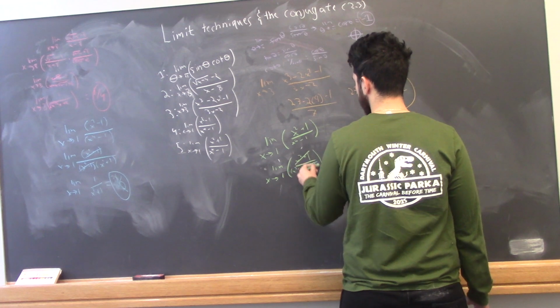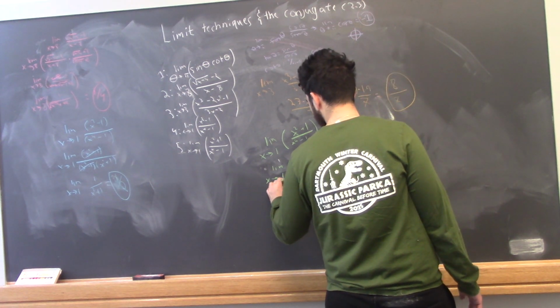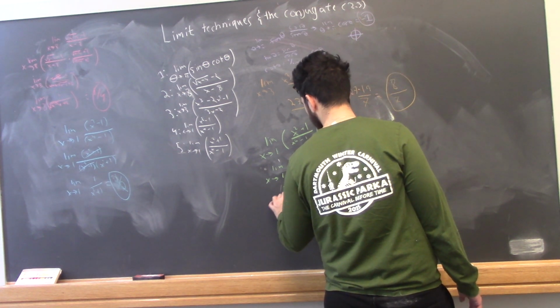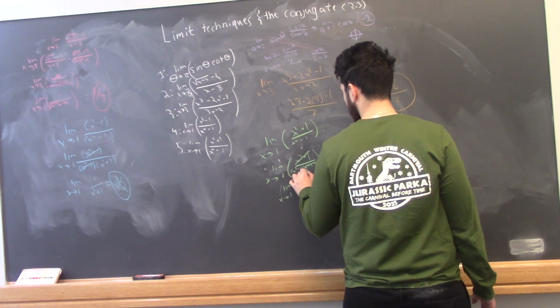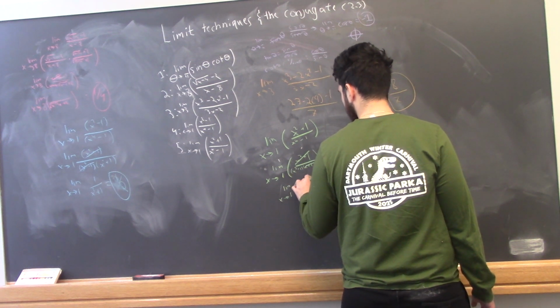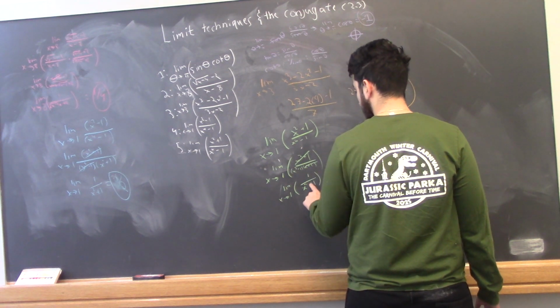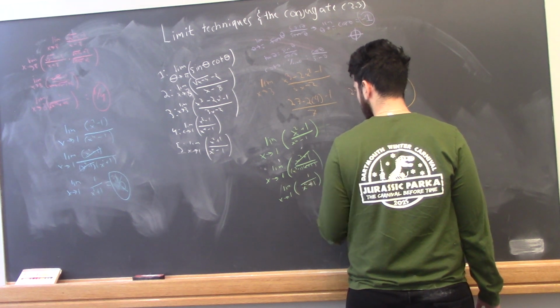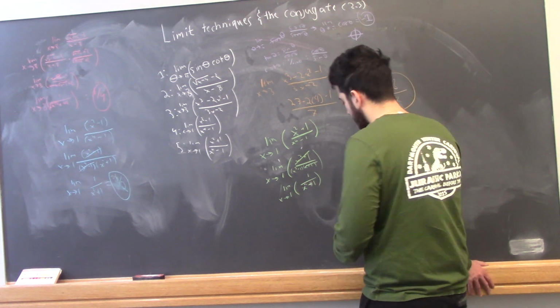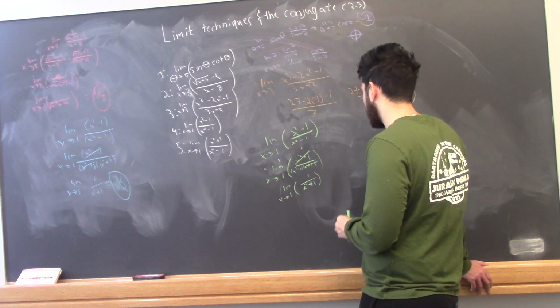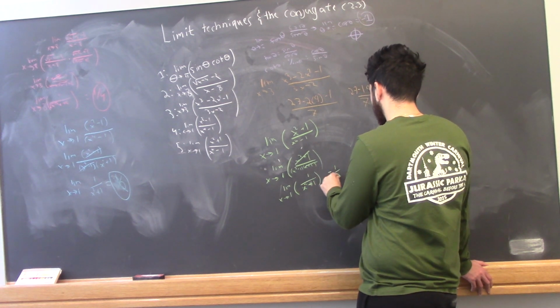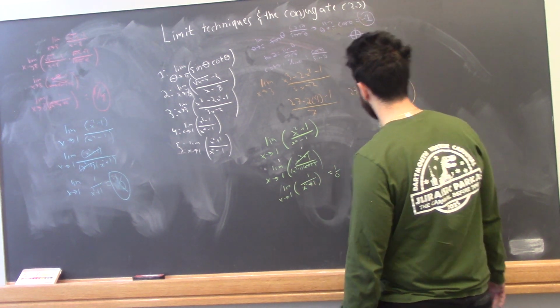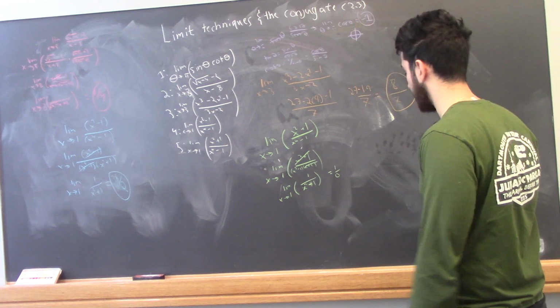This term and this term cancel out, so that we then get the limit as x goes to 1 of 1 over x squared minus 1. Let's just plug it in. We get 1 over 1 minus 1. We get 1 over 0, which is an indeterminate. Unfortunately, you are just going to have to leave it at that.